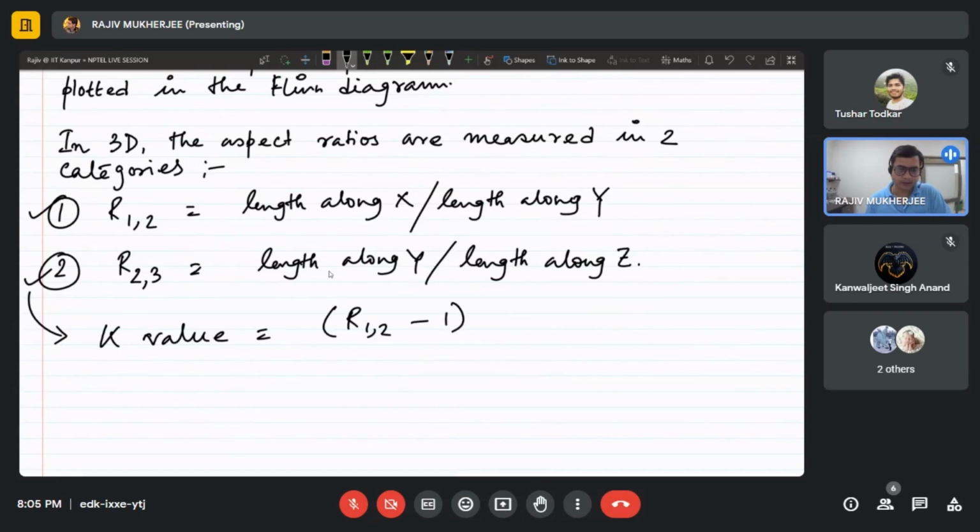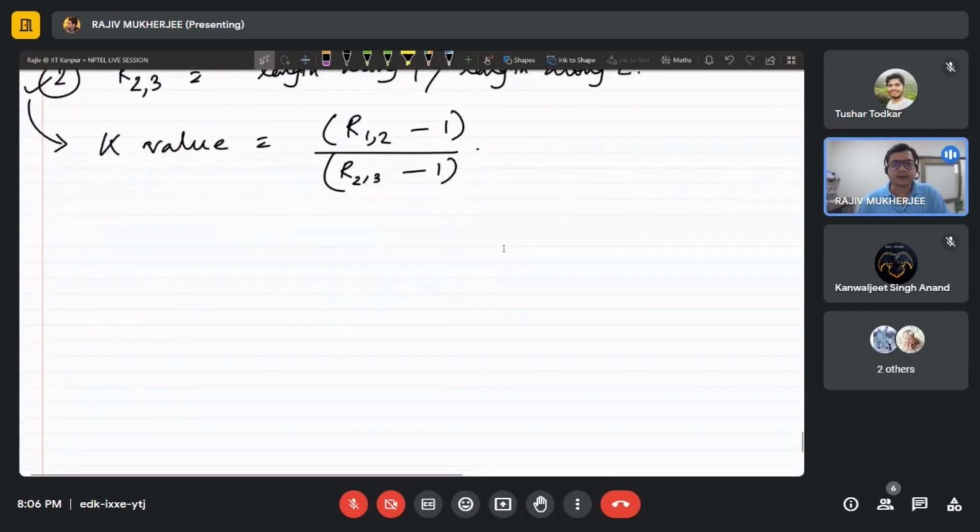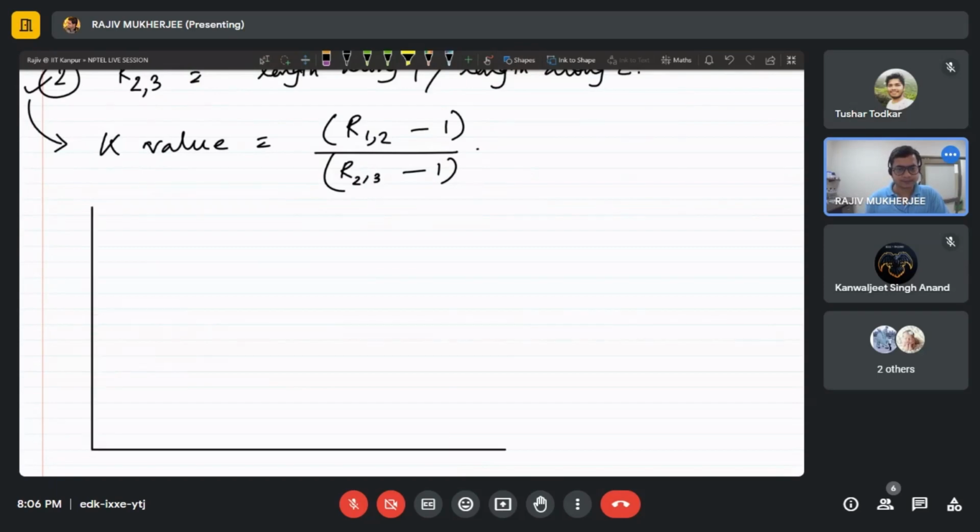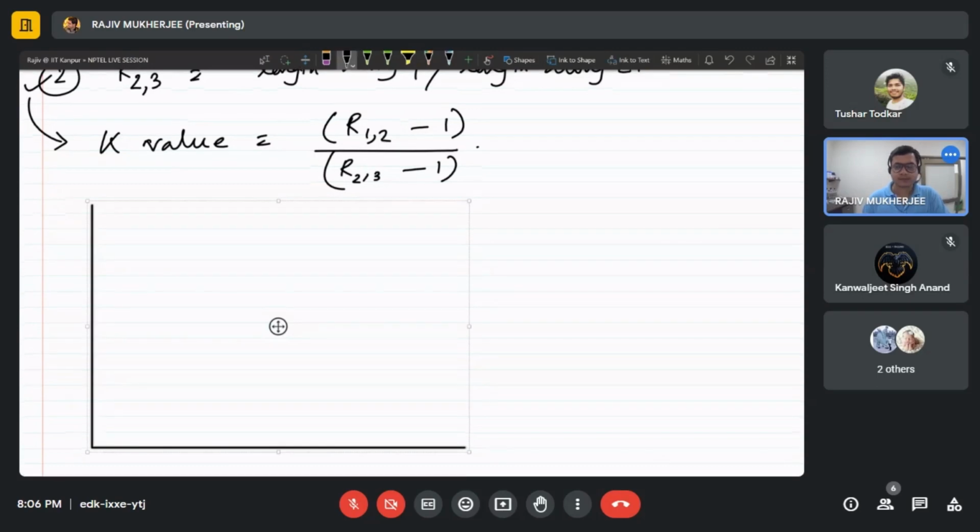Now there are several ranges of k, and we observe these different ranges in the Flynn diagram. So if I just draw a hypothetical Flynn diagram, in that case the R12 is plotted along y axis, not capital Y, and R23 is plotted along x axis, right?